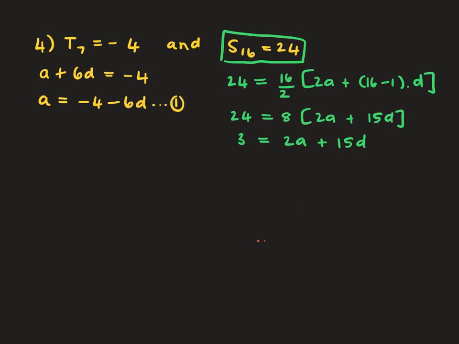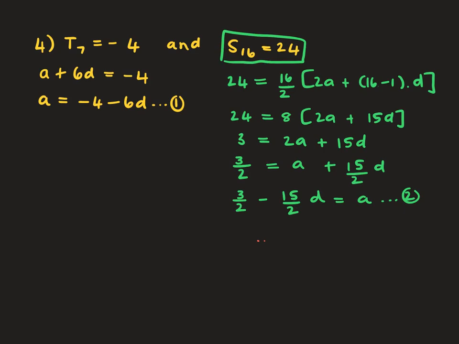That is my first equation. For this one, I know you're not going to like that we're going to work with fractions, but it's the way it is. Sometimes we got to embrace the fractions, guys. Okay, so to make a the subject of the formula, it's going to be 3 over 2 minus 15 over 2 d. That will be a. So there's my second equation.